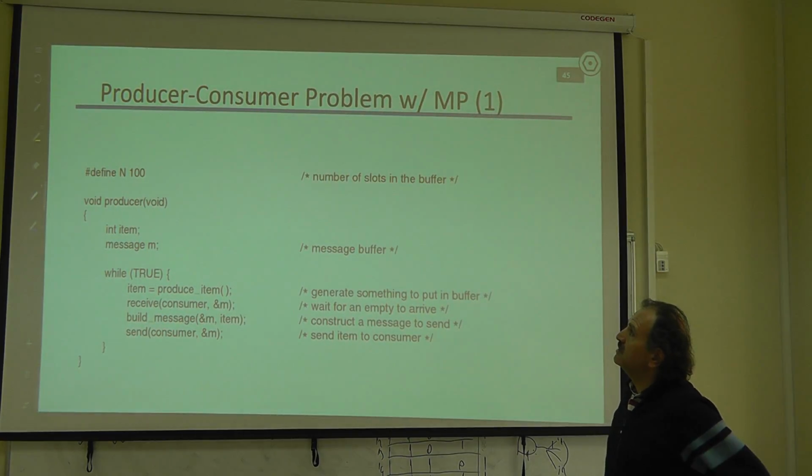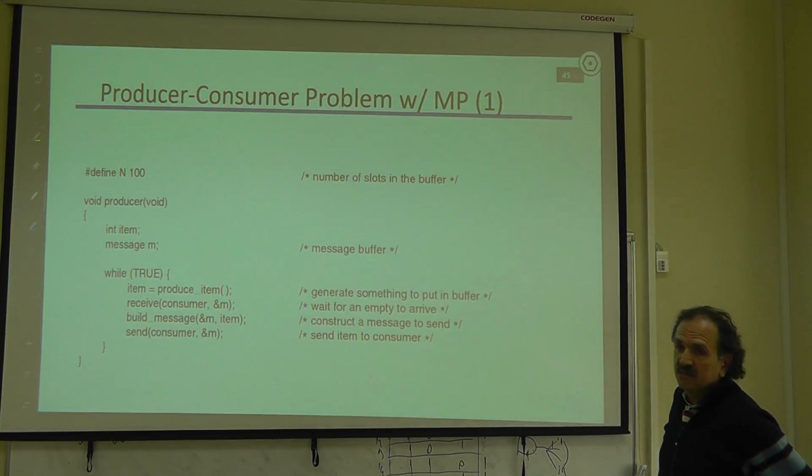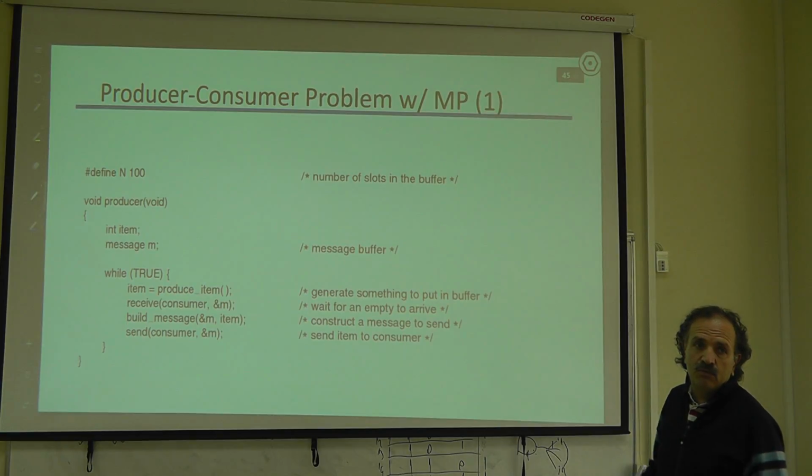So this is the producer-consumer problem using message passing, which is much more expensive. But if we are not on the same machine, if we are not using the same address space, there is nothing else we can do. We have to do that kind of expensive stuff.